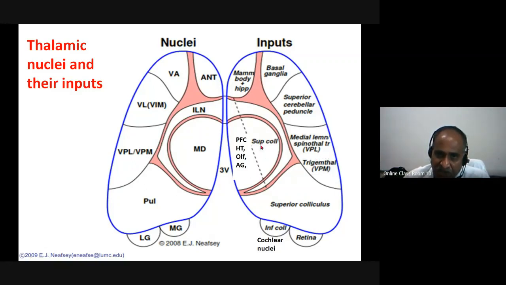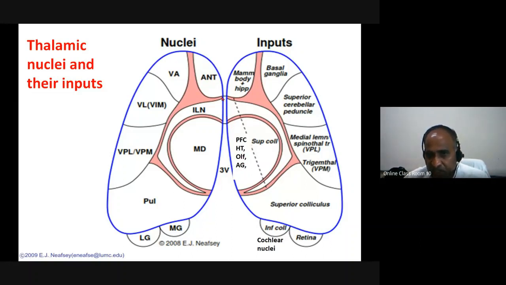Now we have this median part connected with the superior colliculus. Here, the one coming in is the dorsal group of nuclei. And this medial one is connected to the prefrontal cortex, hypothalamus, olfactory, amygdala. That is all the behavior.